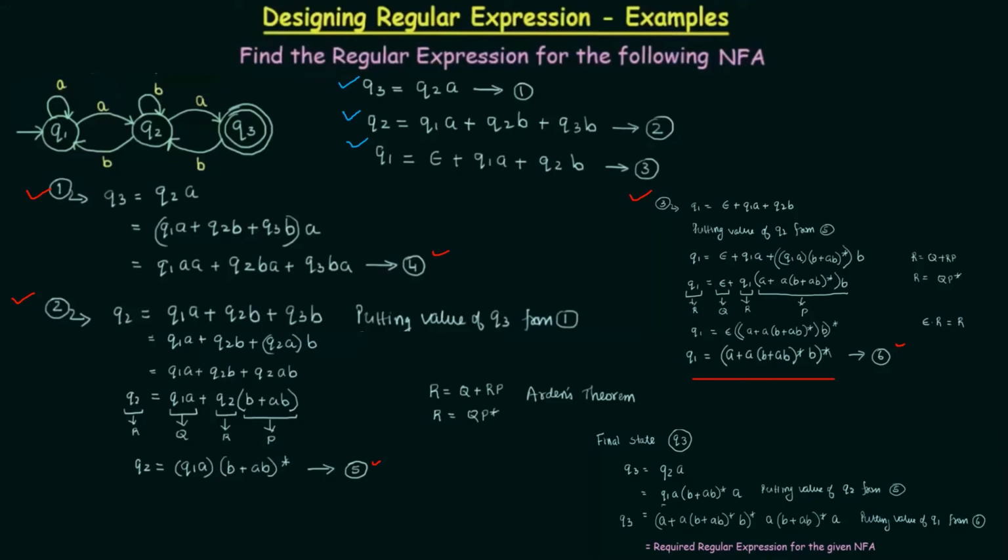So now using this equation number 6, we put it into equation number 5 to get another state without any state in the right hand side, only the regular expression. Okay, so in that way we got the value of q1 first using a regular expression.